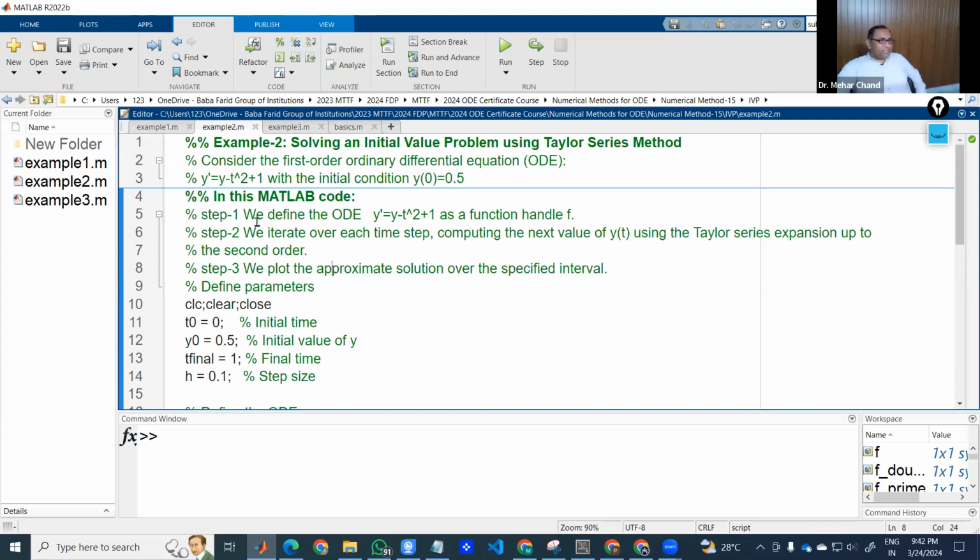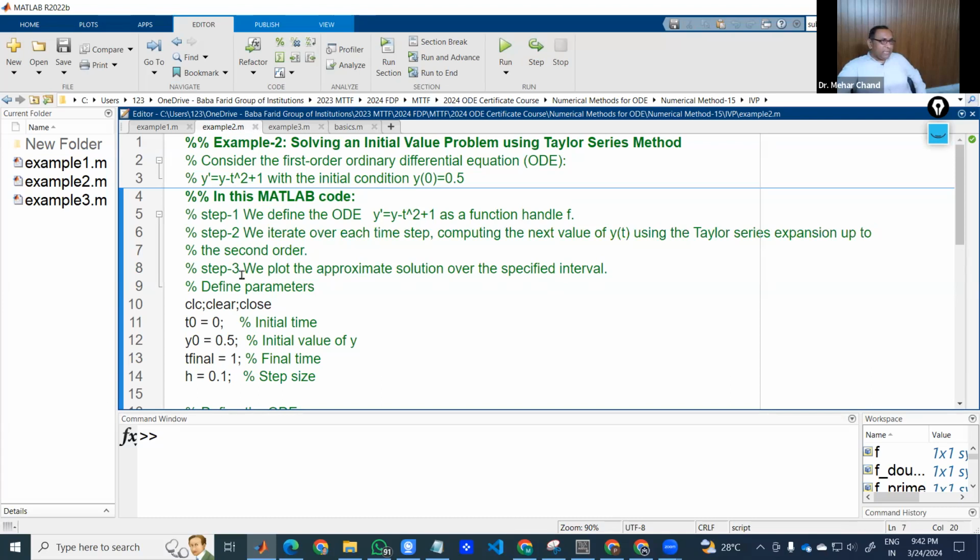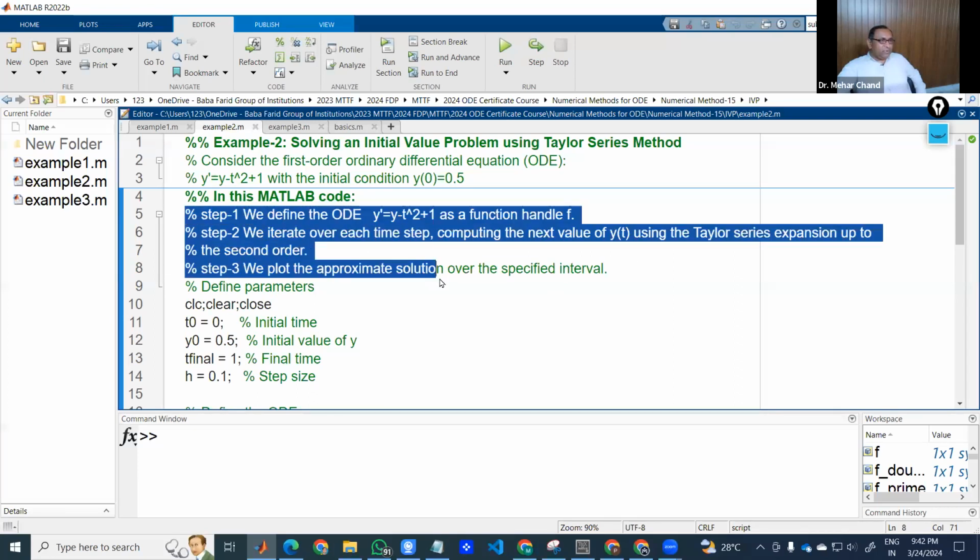It is quite easy. First, we need to define the ODE as a function handle. Then we iterate over each step, computing the next value of y using the Taylor series expression up to the second order, and then we plot the approximate solution over the specified interval. So these 3 steps need to be followed to implement the Taylor series.